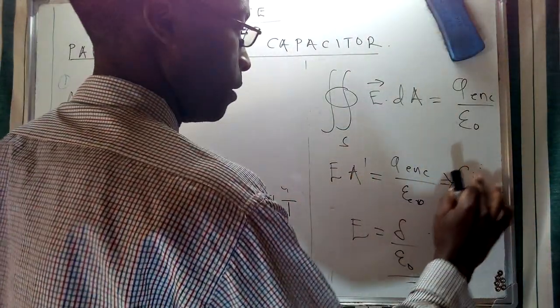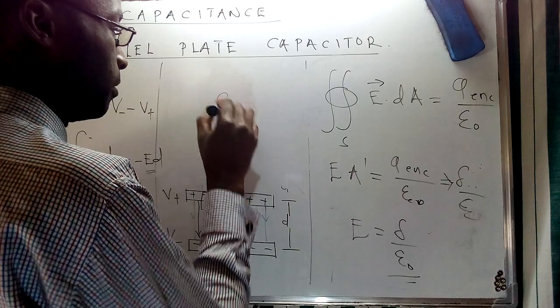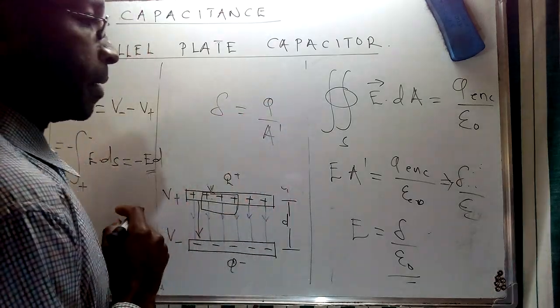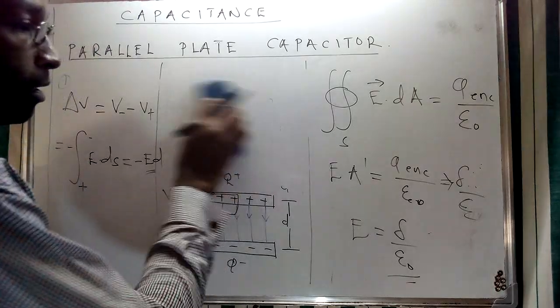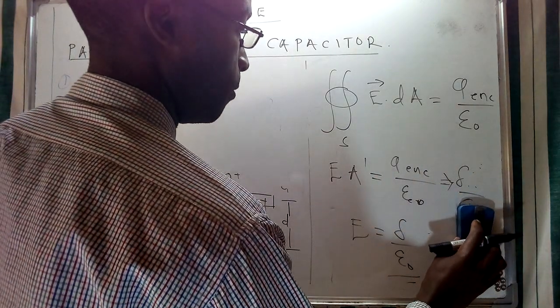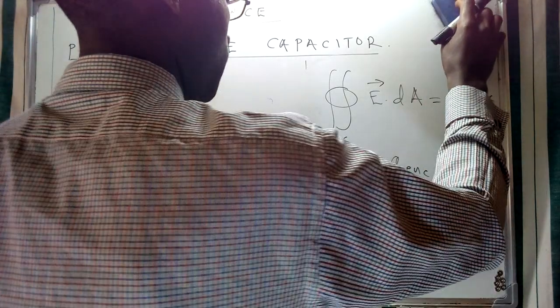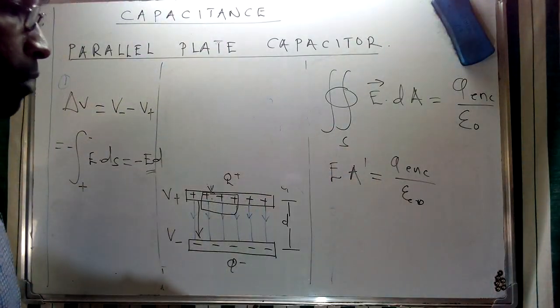This is for sigma, and I'm going to do away with this. I'd intended to do a substitution for sigma to represent Q over A in this case, but I'm just going to leave that so that it's not going to create confusion. So we're going to proceed from here.